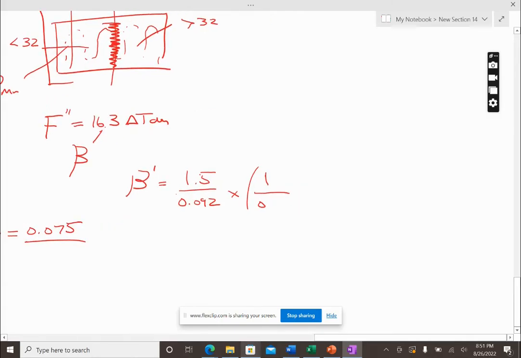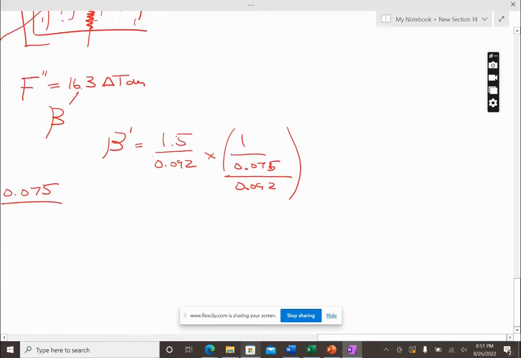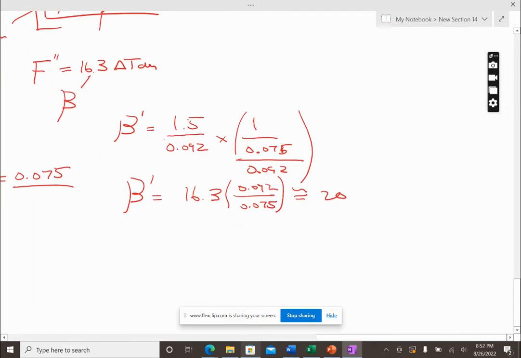So we're going to use that value, 0.075 divided by 0.092. So we're going to take the reciprocal, and so beta prime is equal to 16.3 times 0.092 divided by 0.075, and we end up getting approximately 20, which is good because that's simple.